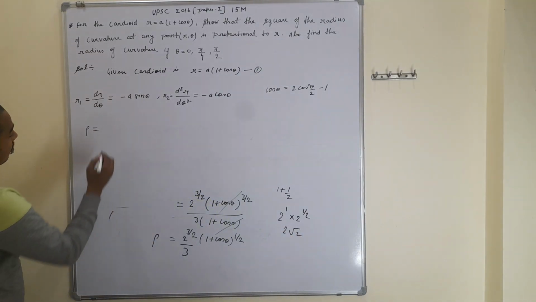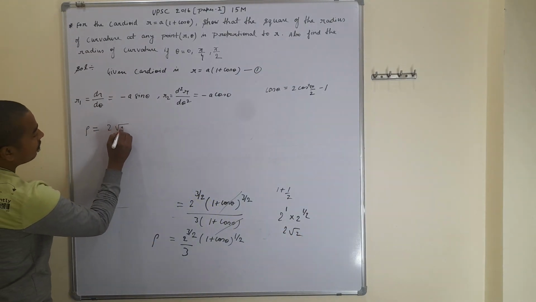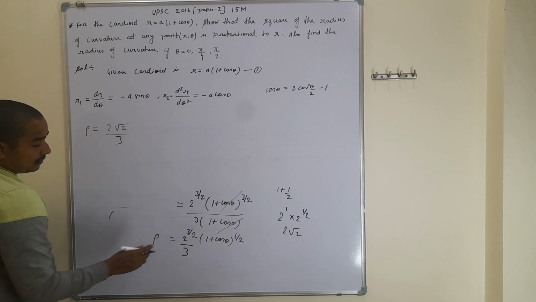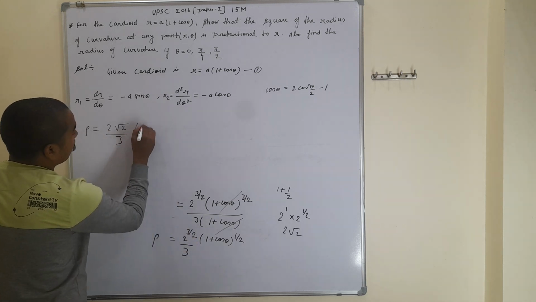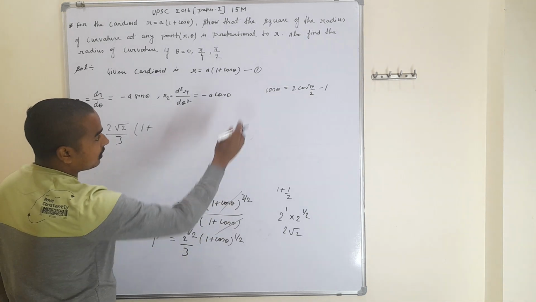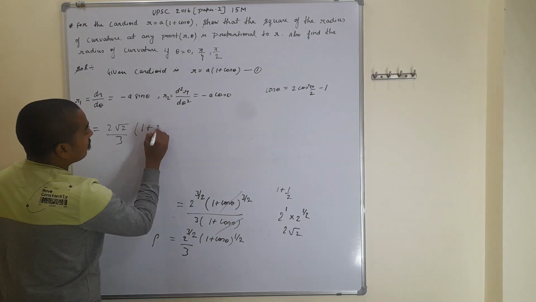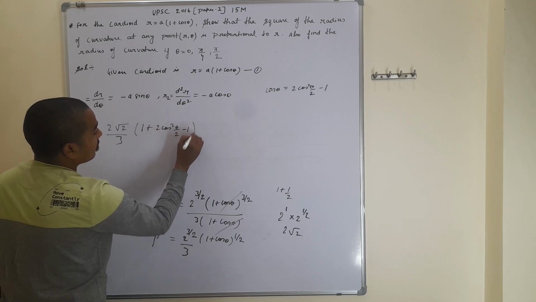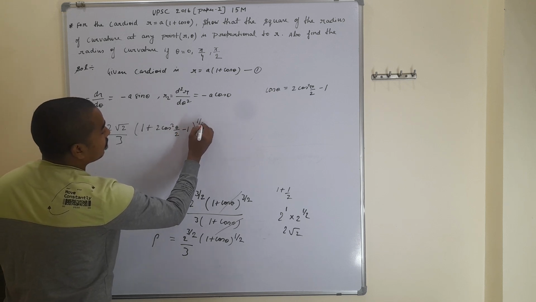So 2 root 2 upon 3, and in place of 1 plus cos theta, we write 2 cos square theta by 2, whole power 1 by 2.